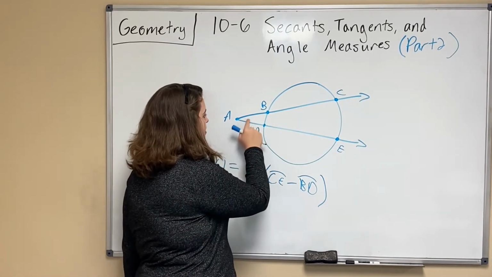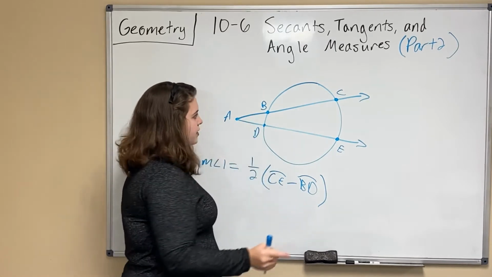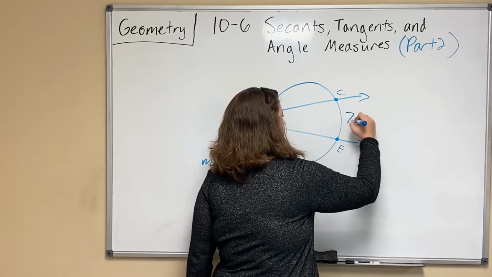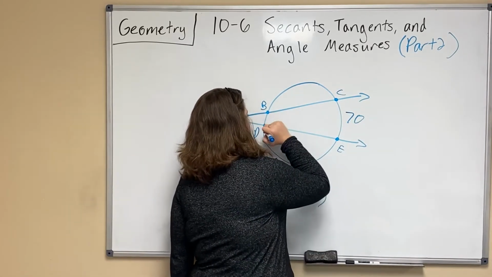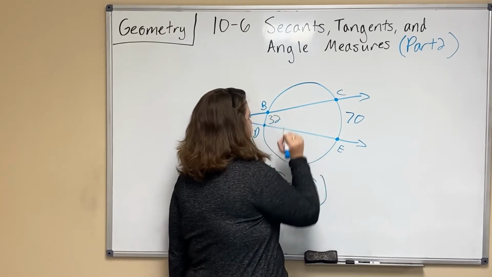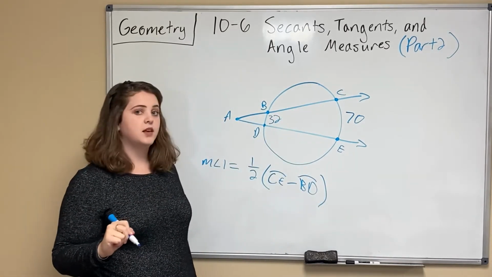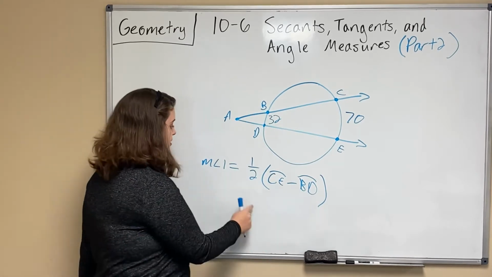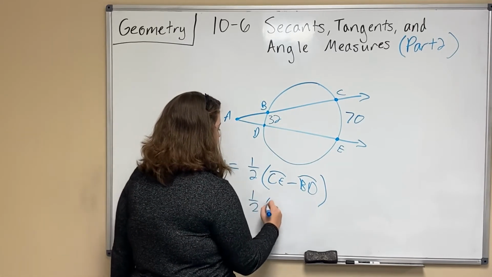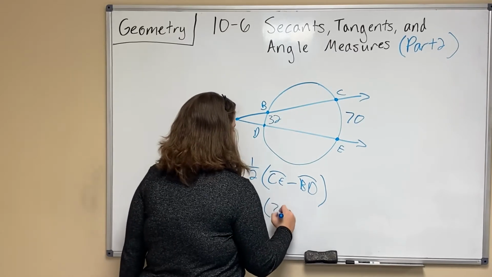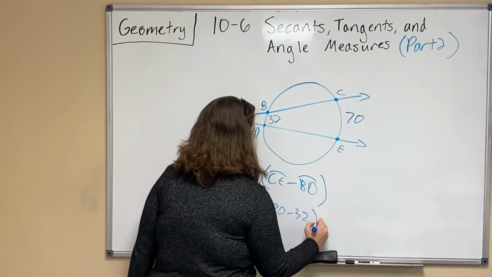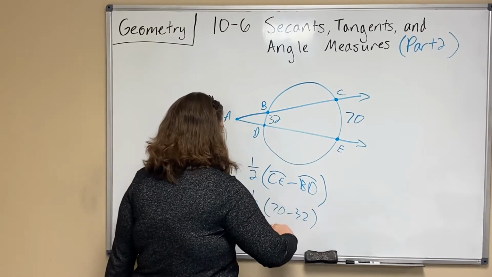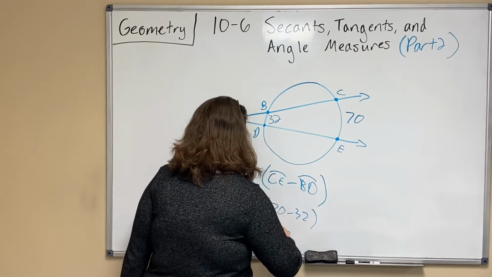If I say, find for me angle A, and this arc is 70, and this one is 32. Find for me the measure of angle A. What I'm going to do is take 1/2 times 70 minus 32. 70 minus 32 is going to give us 38.